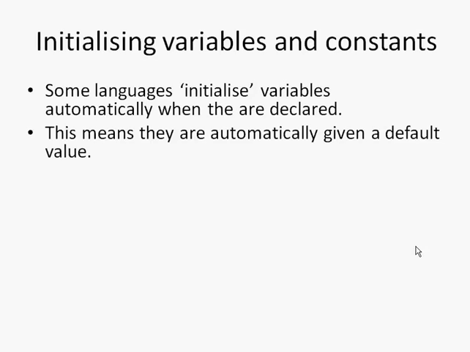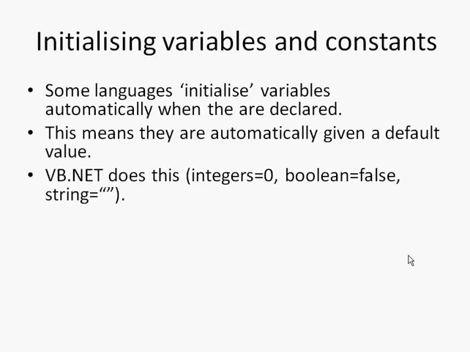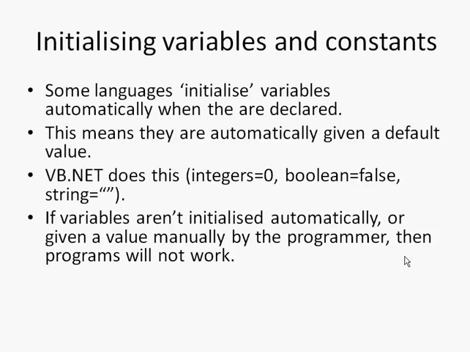So it was given a default value. So VB.NET does this for integers, setting them to 0, for Boolean, setting them to false, for string, setting them to an empty quote. It did it for the double data type as well, didn't it? It set it to 0.00. So VB.NET will initialize variables for you.